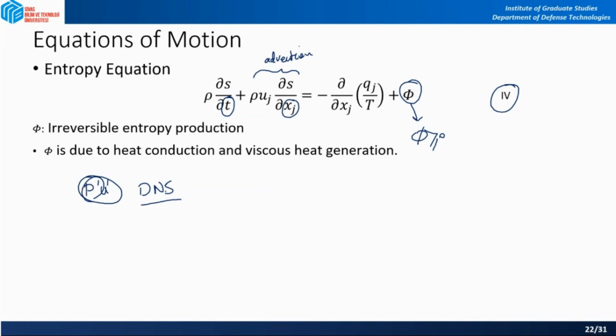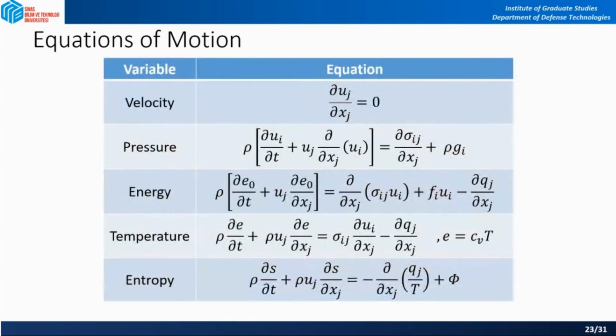So this equation, the entropy equation, completes all the equations that we deal with when we want to simulate a fluid flow. We want to obtain a distribution of parameters; that is our objective when we are solving these equations.